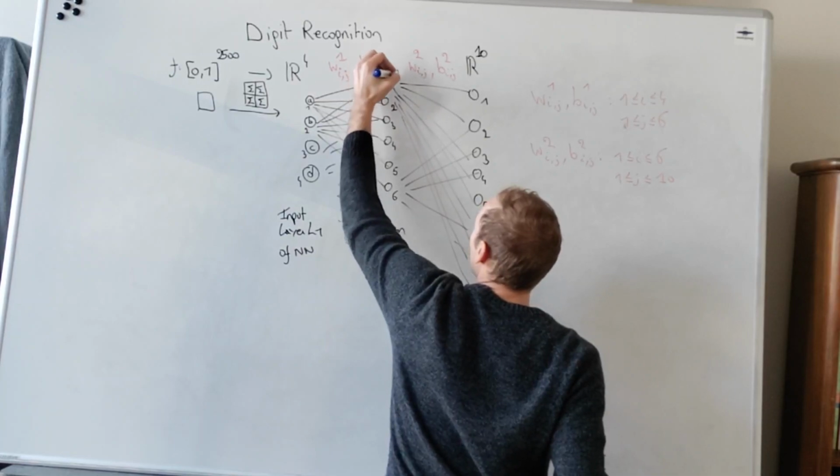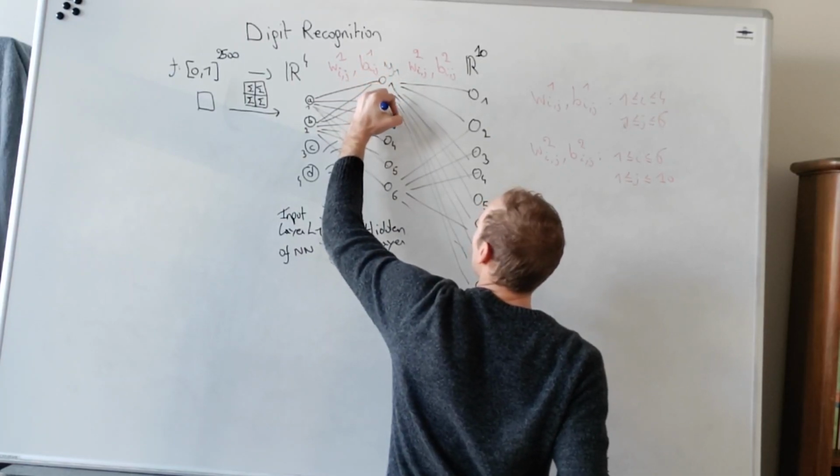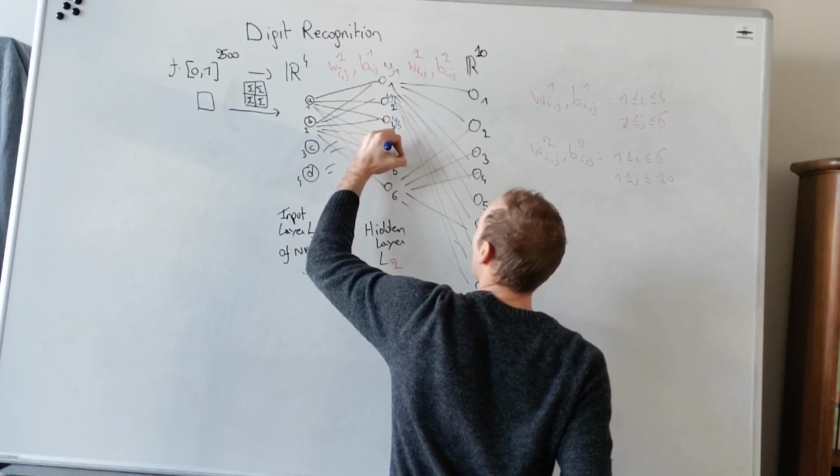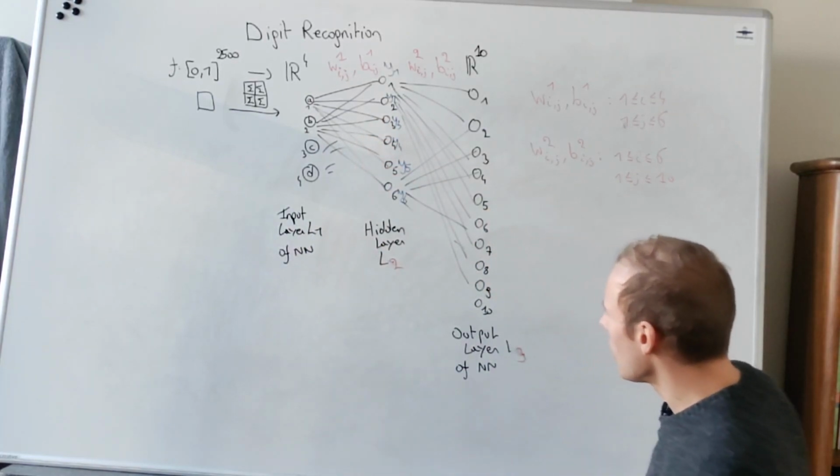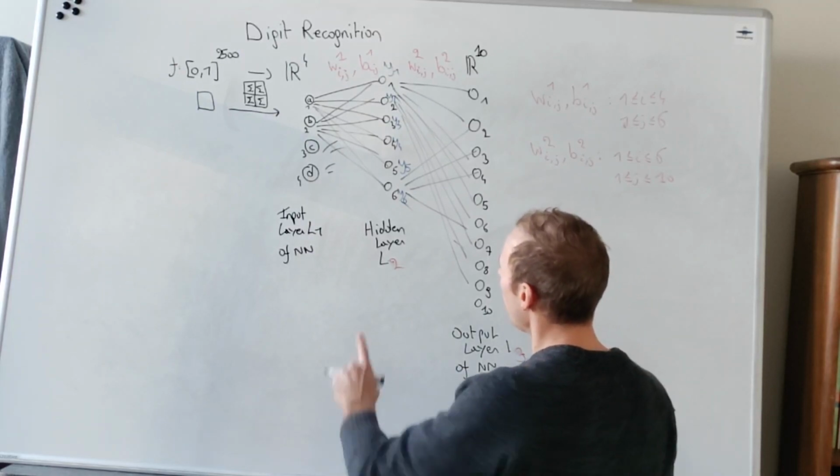And let me denote these intermediate values here by y with the superscript. So in particular, what does this mean?